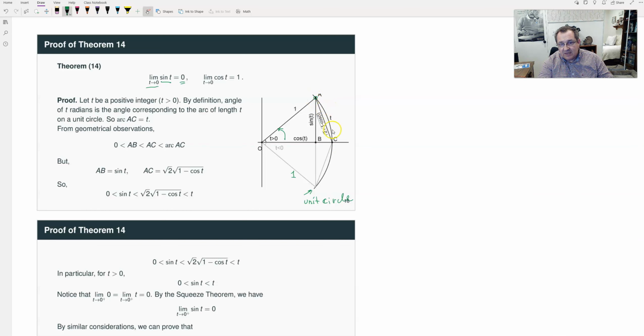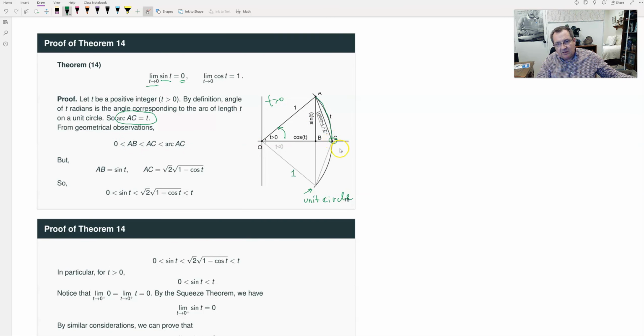So, in other words, that arc from A to C is exactly t units long. That will measure an angle of t radians. As you notice, I only focus on positive values of the angle, so I'm only looking at the top portion of that diagram. Now, it's time to put some geometrical considerations in.